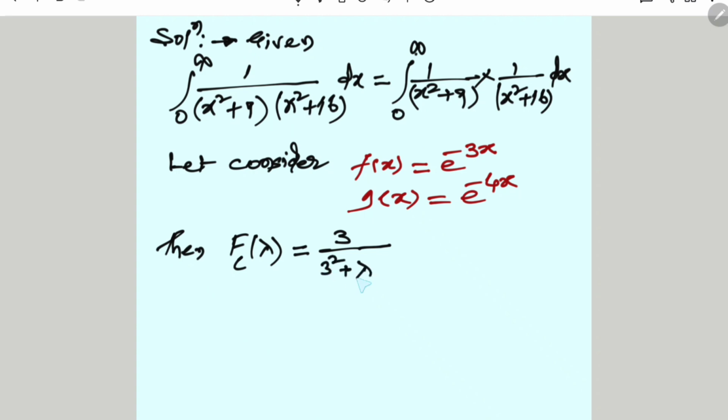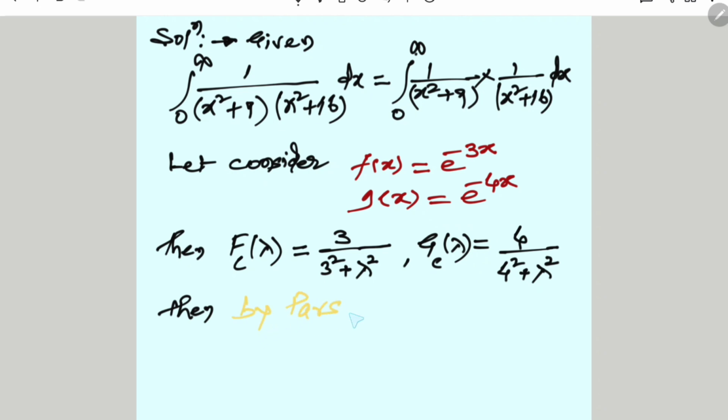Then the Fourier cosine transform Fc of lambda is equal to 3 upon 3 square plus lambda square, and Gc of lambda as 4 upon 4 square plus lambda square. Both are the cosine transforms obtained from that f of x and g of x.